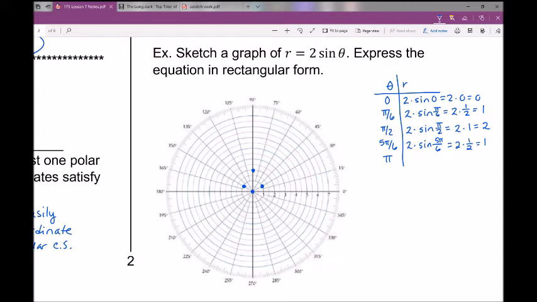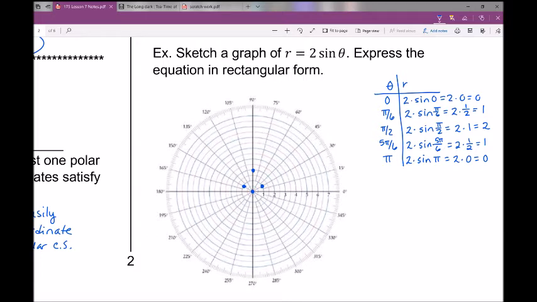And if we plug in pi, finally, we have 2 times the sine of pi, which is 2 times 0. So we're back at the point 0, 0, or pi, 0. Those are just different ways of saying the same point.